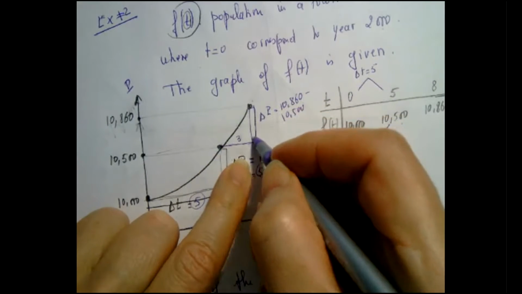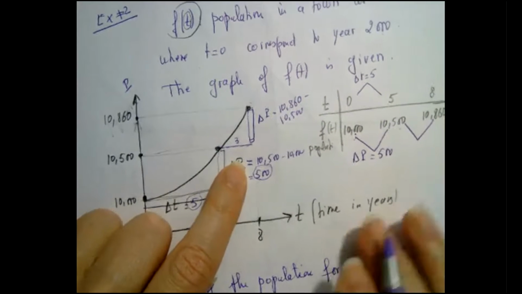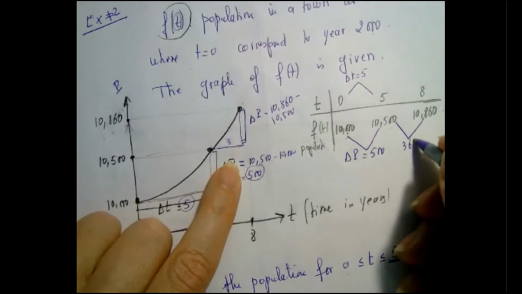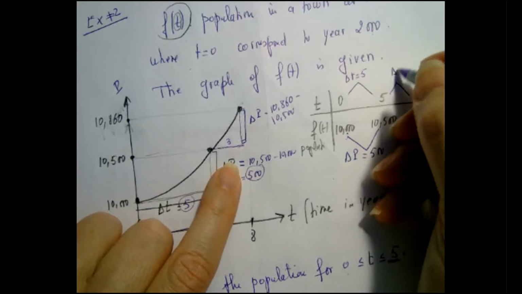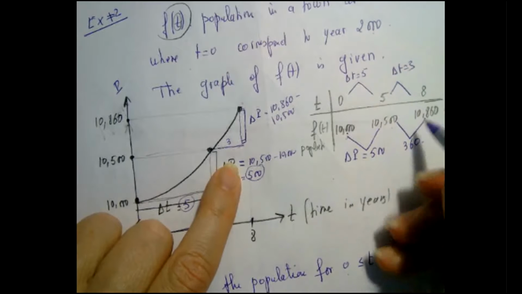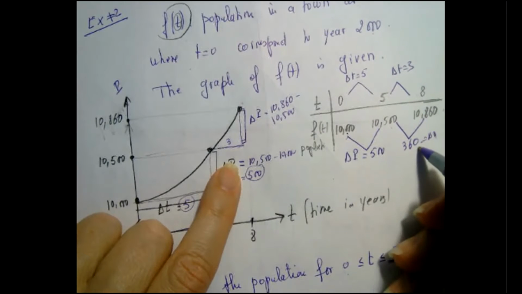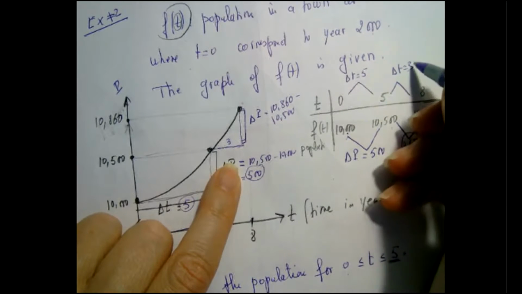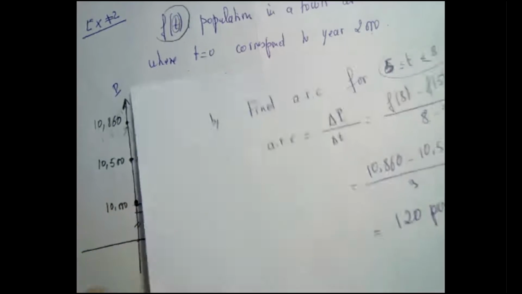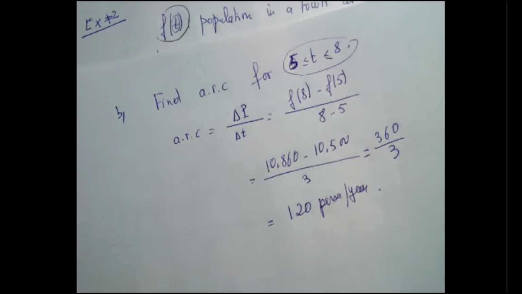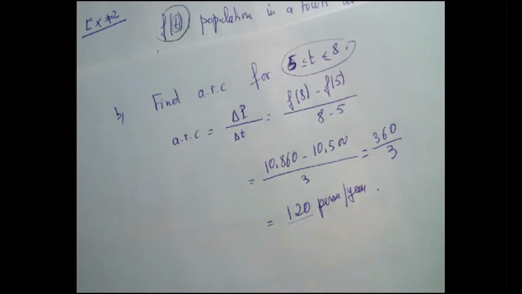So the population changed by 360 over a period of 3 years. The average rate is how much the population changed divided by 3, which gives you 120 persons per year. It means on average, it was changing that much.